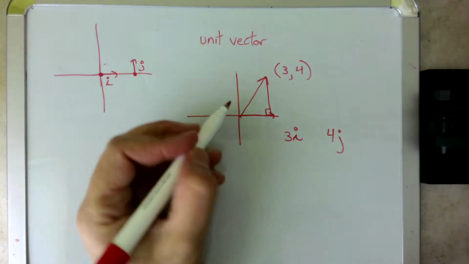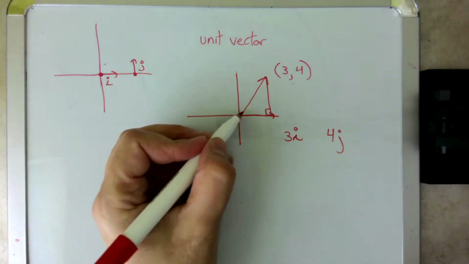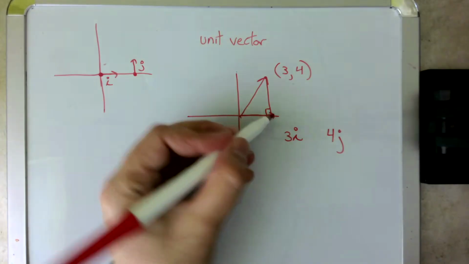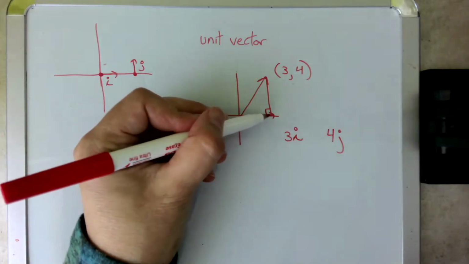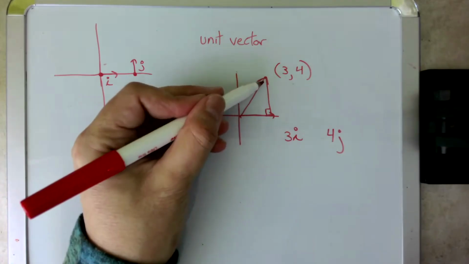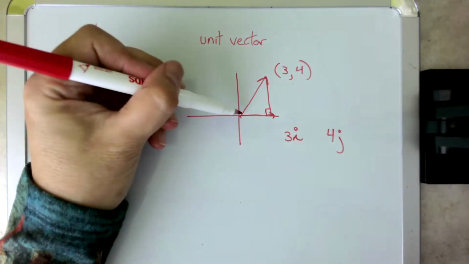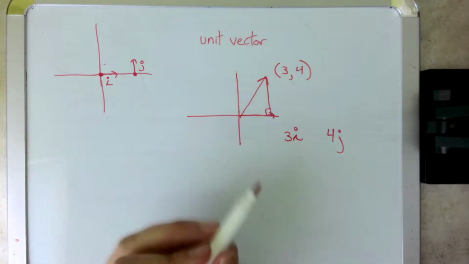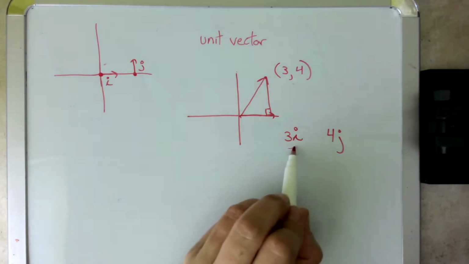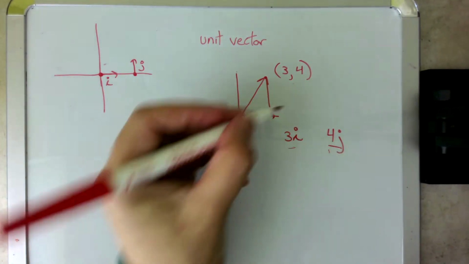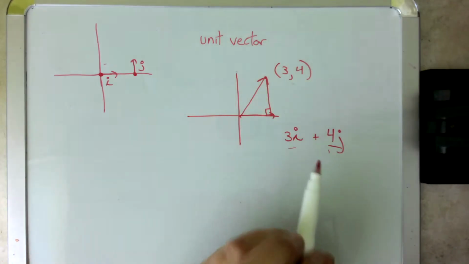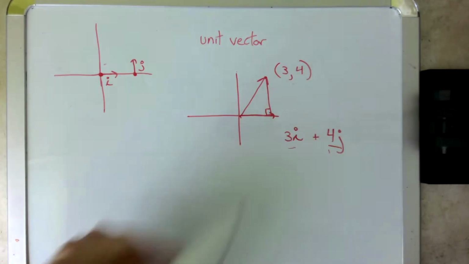Since we know that vectors add tip to tail, if we take our 3i and then tip to tail it with our 4j and then connect that up, we could describe this vector as 3i plus 4j. That would be the component form of this vector.